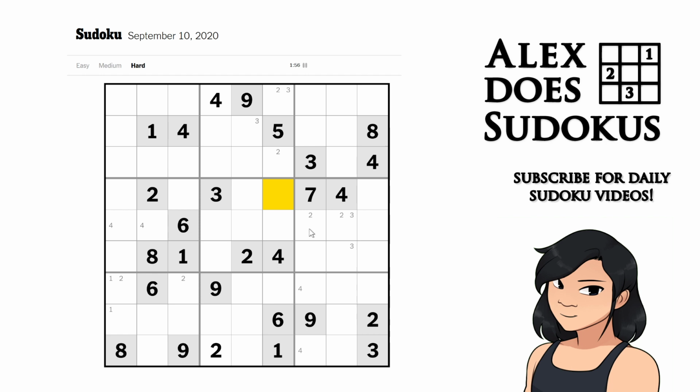So let's have a look at the 8s. 8s are locked in these two cells because of that 8 and that 8, so that actually unlocks a 3 over here, which locks a pair of 3s over here, because the rows are now taken. So I've got a 3, 4 pair there, which forces a 7 down here because of that 7. So what can we do with that?